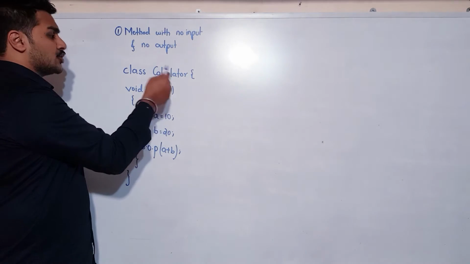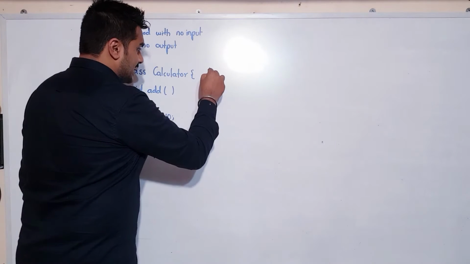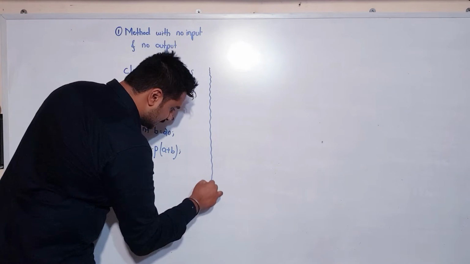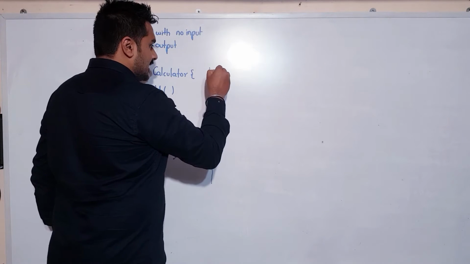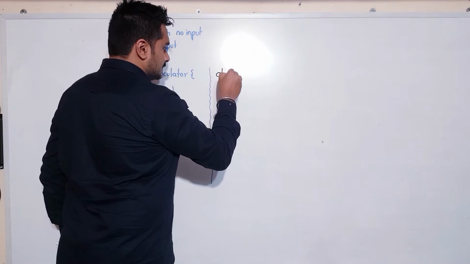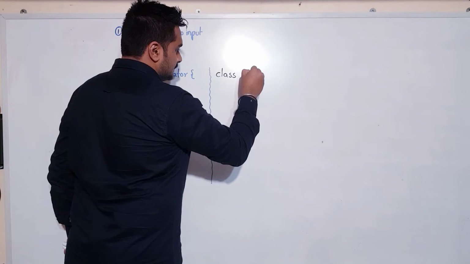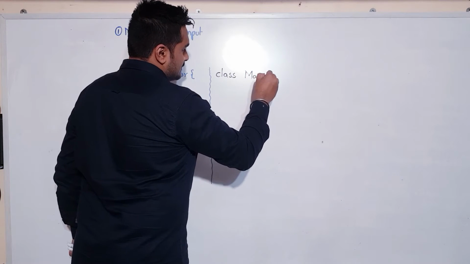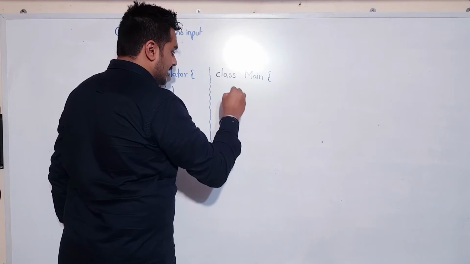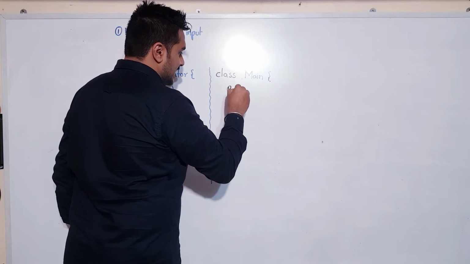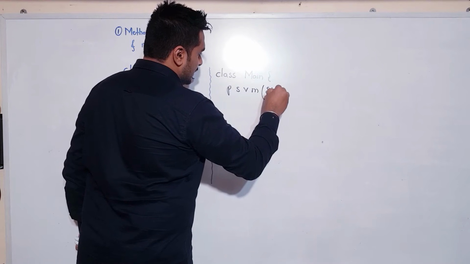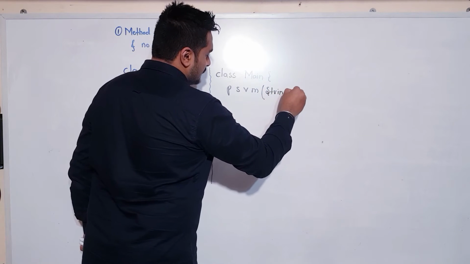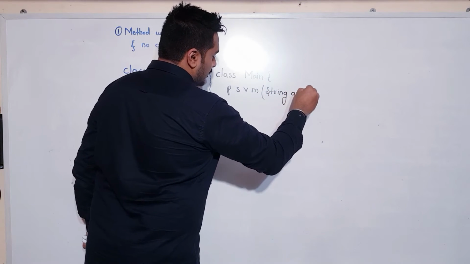For this class, in order to execute, I will be writing my main class here. Notice, I'm going to write the main class. I will write class Main. Inside this, I will write public static void main, String of args.